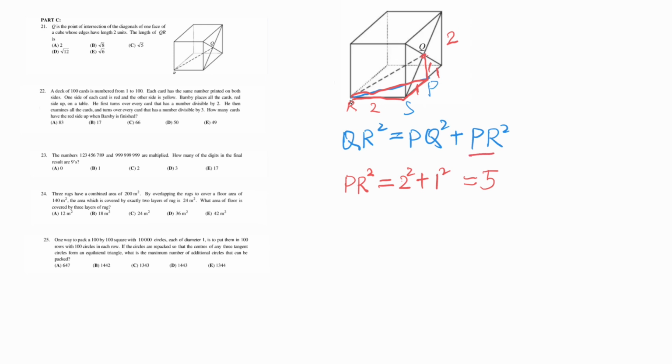Now PR square equals 5. PQ square, that's 1 square. So we can continue: PQ square, that's 1 square, plus PR square, that's 5. It's 1 plus 5, that's 6. QR square equals 6. Take the square root. QR equals square root 6. So that's the answer E.